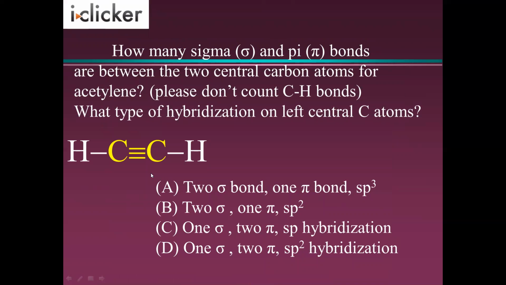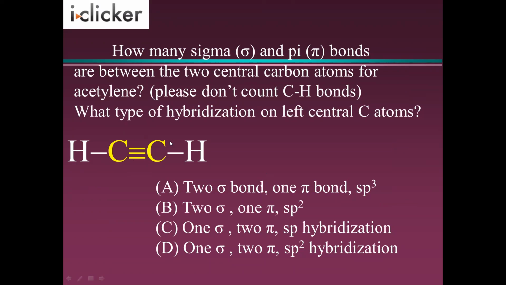Okay, according to what we learned, for example, how many sigma bonds and pi bonds are between the two center atoms? Altogether, you have 3 bonds. In other words, how many bonds are pi bonds? How many bonds are sigma bonds? This is what they're asking. What type of hybridization do we have? As we said, as long as you have a single bond, it's always a sigma bond.